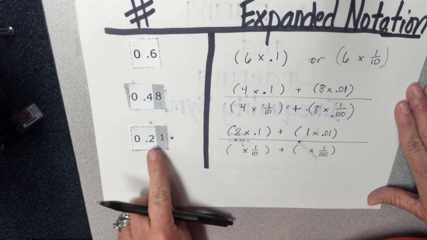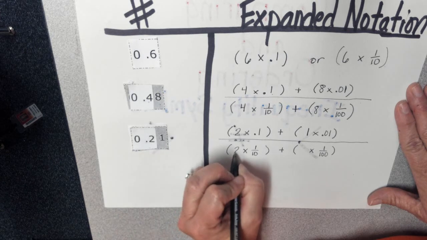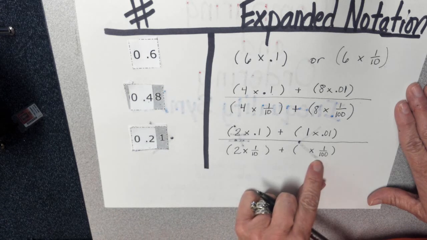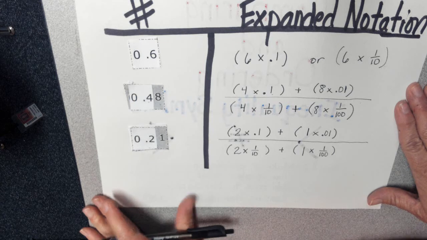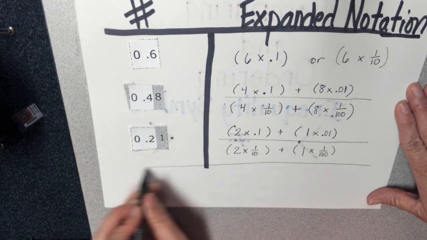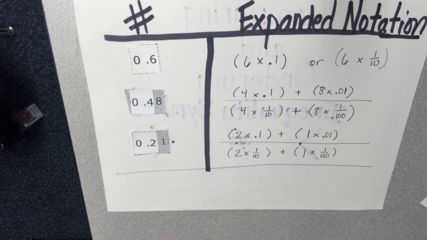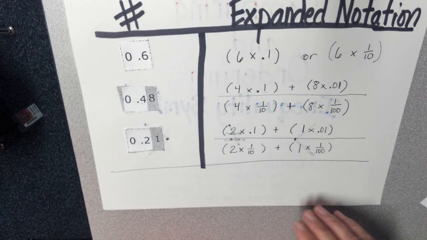What number is in the tenths place? Kaylee? 2. And Kelsey, what number is in the hundredths place? 1. Very nice. We're going to glue in our last one, and then we'll have to maybe finish the expanded notation piece tomorrow.